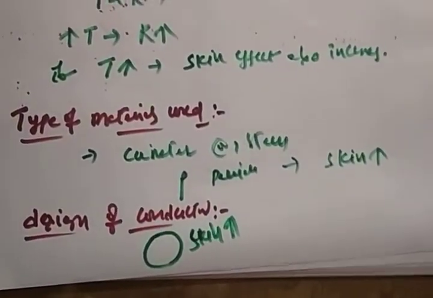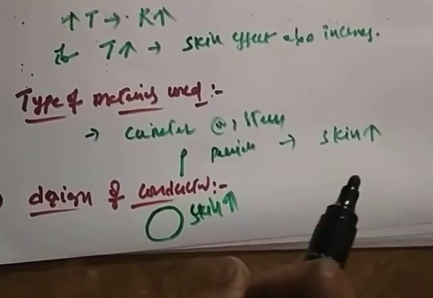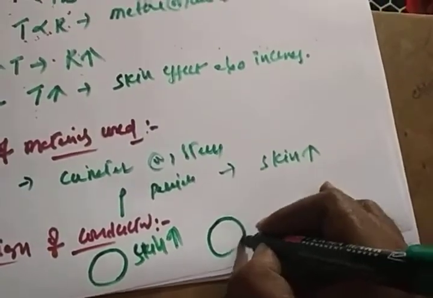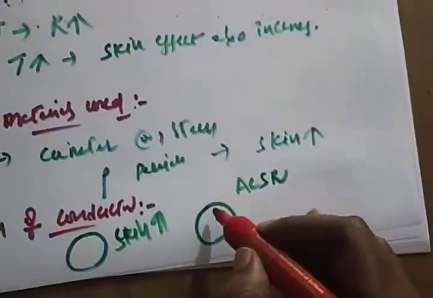Design of a conductor means if the conductor is a solid, circular-shaped conductor, then definitely the skin effect increases. So you are going to use different forms of materials like the ACSR conductor. How is the ACSR conductor built?